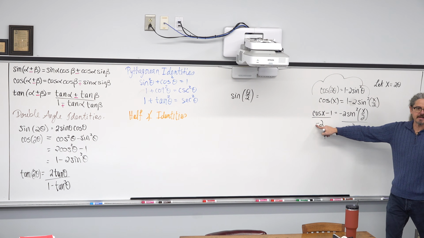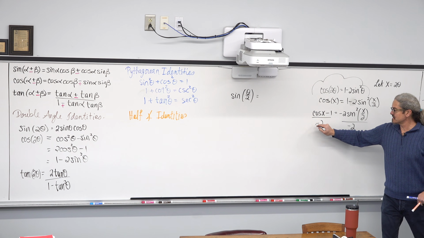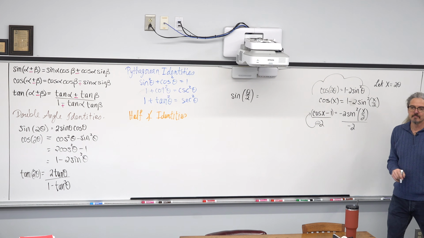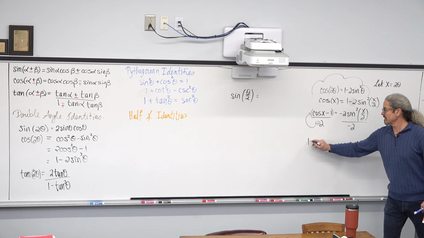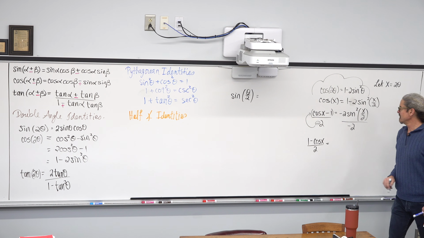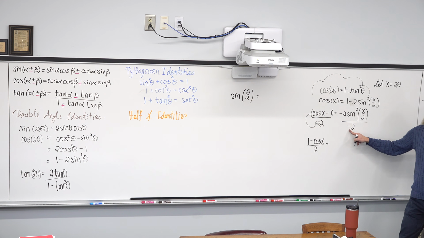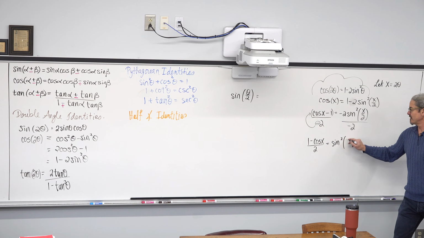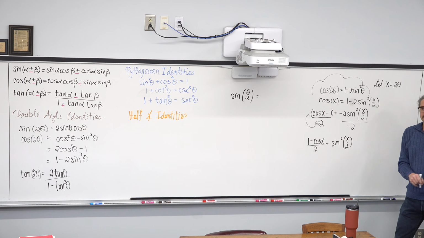Now I know the identity does not have a negative 2 in the denominator, so I'm going to bring this negative 2 and kind of distribute it through the numerator. And we have 1 minus cosine of x over 2 is equal to, now negative 2 divided by negative 2 is of course 1. So we have sine of x over 2 squared.